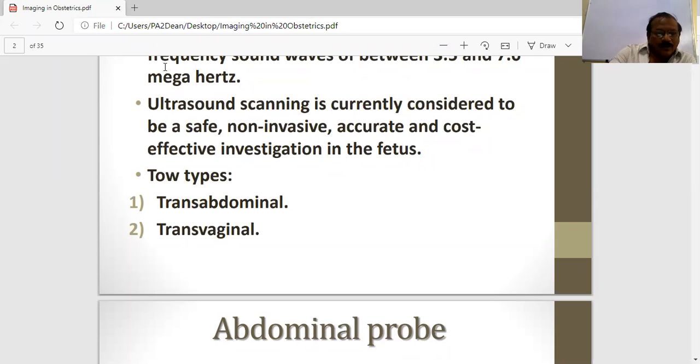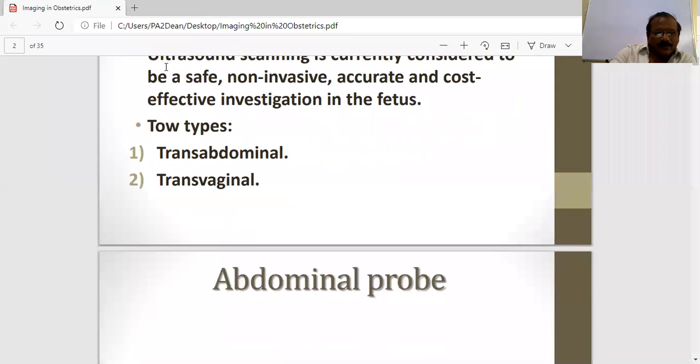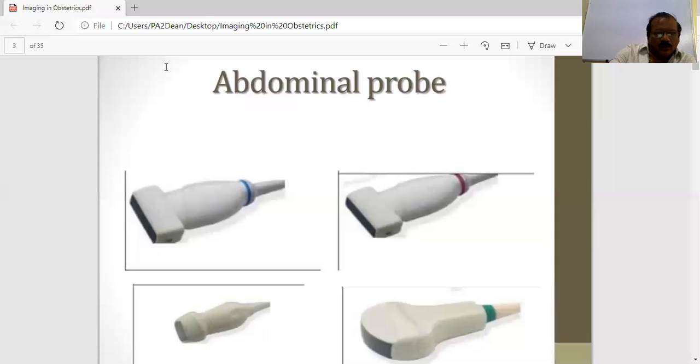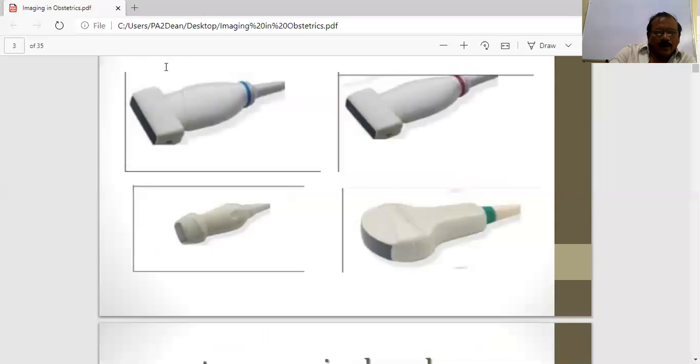So in transabdominal you must examine with a full bladder, and in transvaginal with an empty bladder. These are the abdominal probes, which vary in frequency from 3.5 megahertz to 7 megahertz.